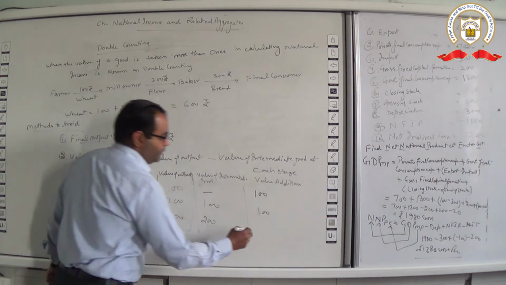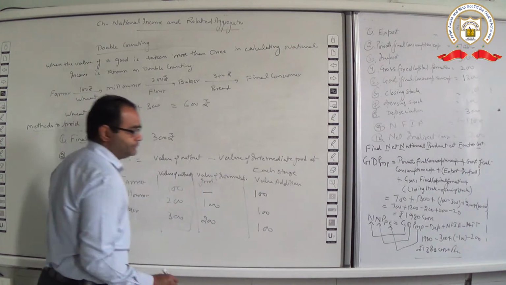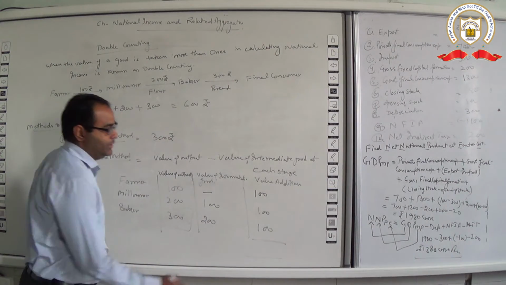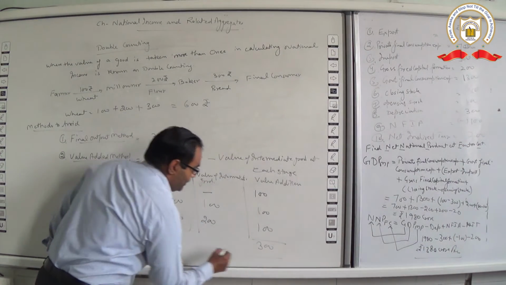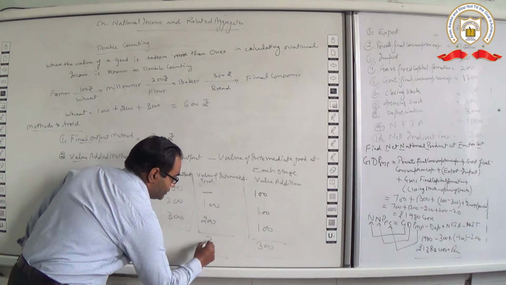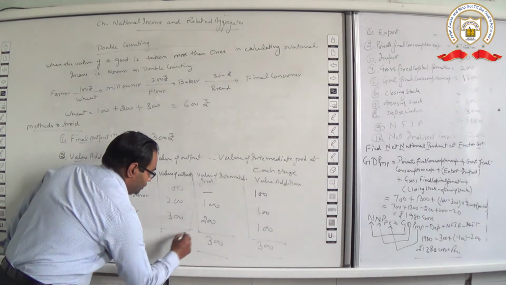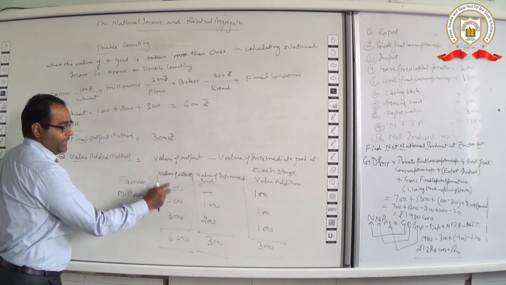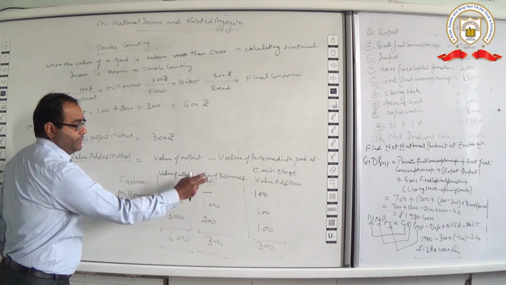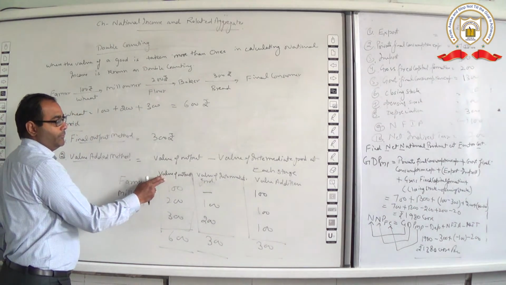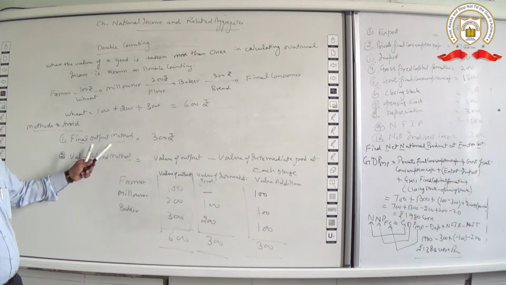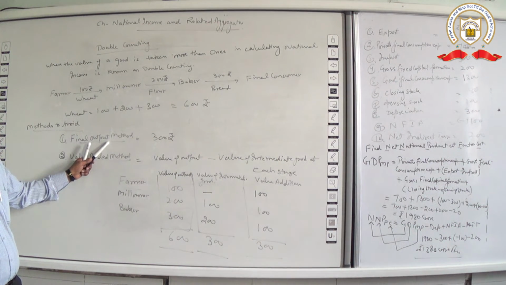Subtracting, we will get 100. Now, taking the sum of value additions, we will get 300 rupees. Total intermediate goods is 300 and total value of output is 600. If we subtract at each stage the value of intermediate goods from the value of output, we will get value addition, that is 300 rupees, which is equivalent to the final output method.